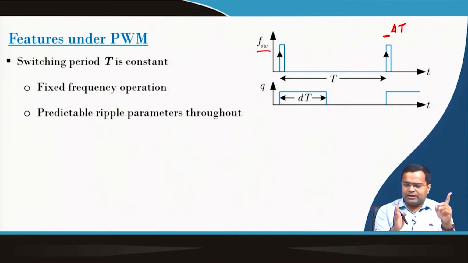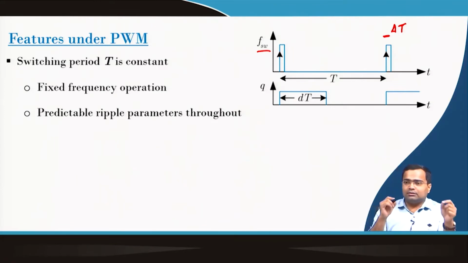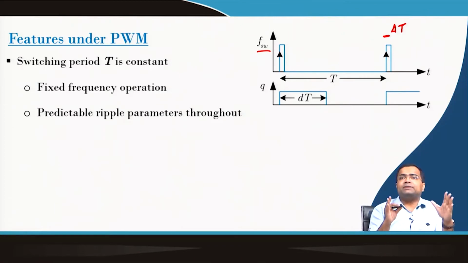So, fixed frequency operation, if we do not consider the spectrum, it is a fixed frequency operation. The ripple parameters are predictable, because we have shown in the last slide the inductor current ripple, those are predictable throughout, if we can ensure that under closed loop control, the stable periodic behavior is achieved.